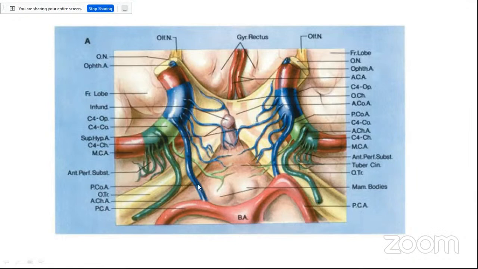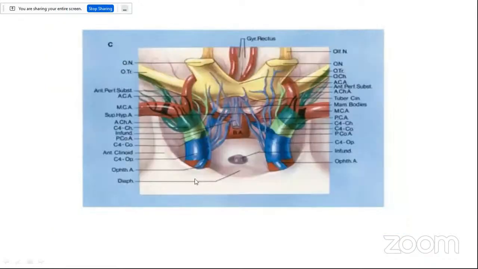And this blue colored structure that is passing posteriorly from the communicating segment is the posterior communicating artery. So these are two important branches, the PCOM artery coming from the communicating segment and the anterior choroidal artery coming from the choroidal segment. This is almost the same picture in a different view, showing you the segments of the supraclinoidal ICA: the ophthalmic, communicating, and choroidal segments.